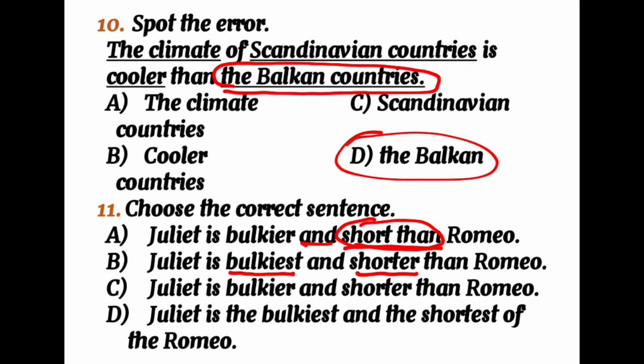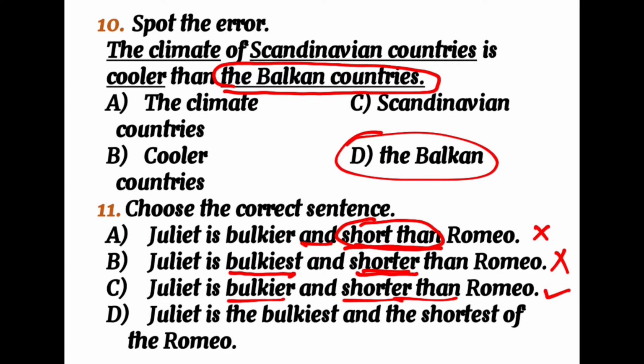Parallel structure. Same sort of structures must be there on both sides of them. So the superlative degree plus comparative degree, not possible. Juliet is bulkier and shorter than. Comparative degree, comparative degree, no problem. Shorter than, no problem. It means this sentence is correct.